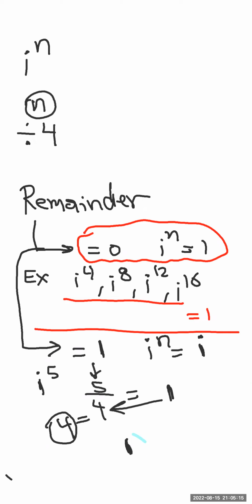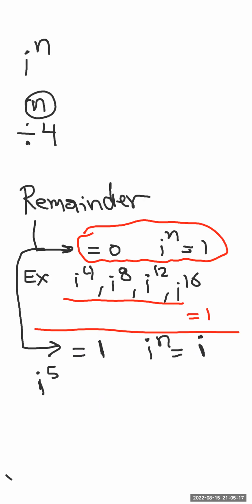Another example like this: i to the power 101. Because 101 divided by 4 equals 25. What about the remainder? 1, of course, because 4 times 25 equals 100. Then the remainder equals 1.